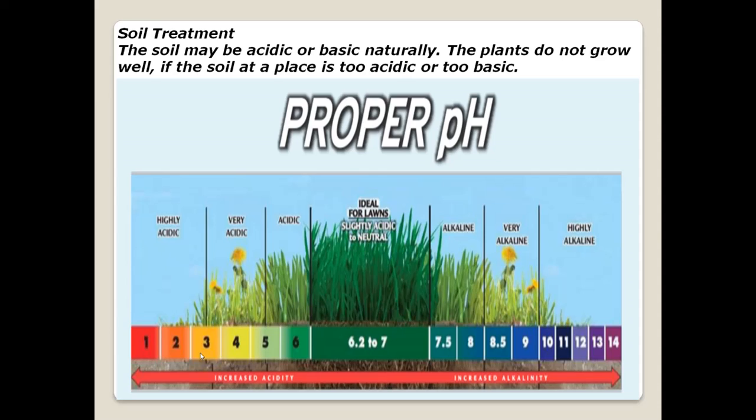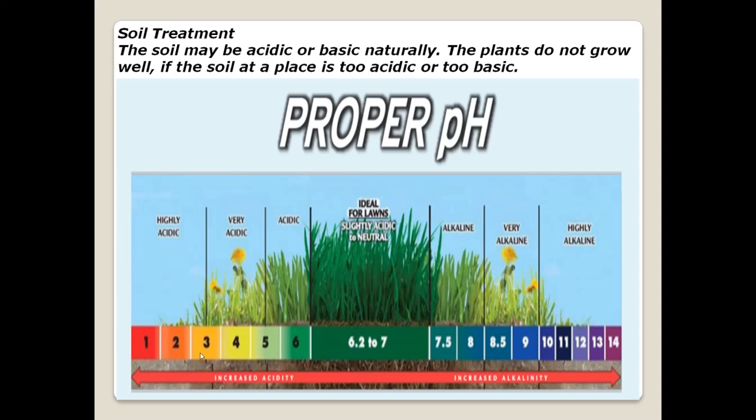The soil may be acidic or basic naturally. The plants do not grow well if the soil at a place is too acidic or too basic. So by using this pH paper, we can easily test the pH of the area, and before growing the crops, if it is too acidic, by using a base we can nullify the acidity, or if the soil is too basic, then we can add acidic salts to the soil and decrease the effect of basicity.